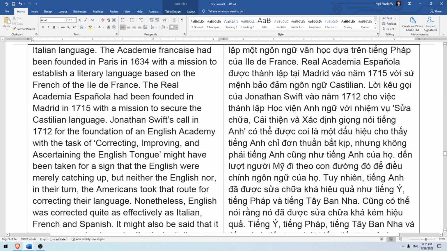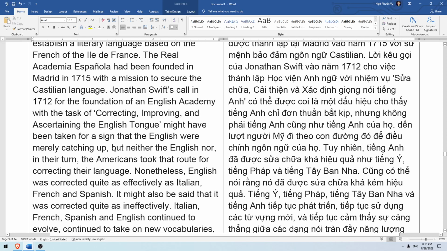The Académie Française had been founded in Paris in 1634 with a mission to establish a literary language based on the French of the Île-de-France. The Real Academia Española had been founded in Madrid in 1715 with a mission to fix the Castilian language.